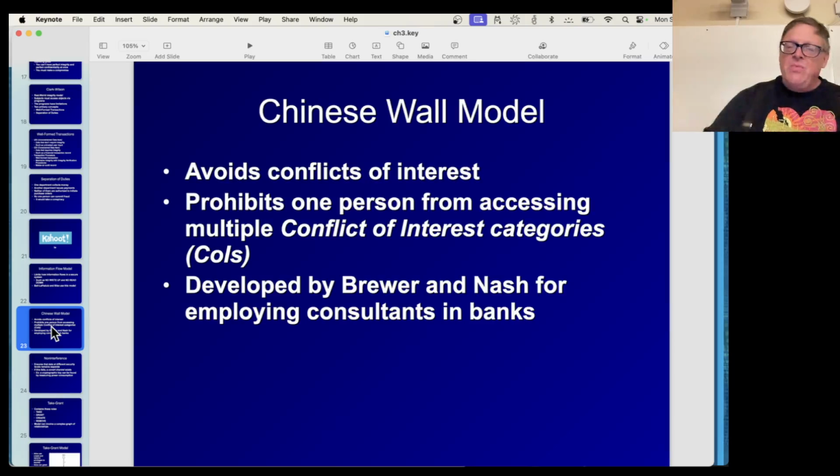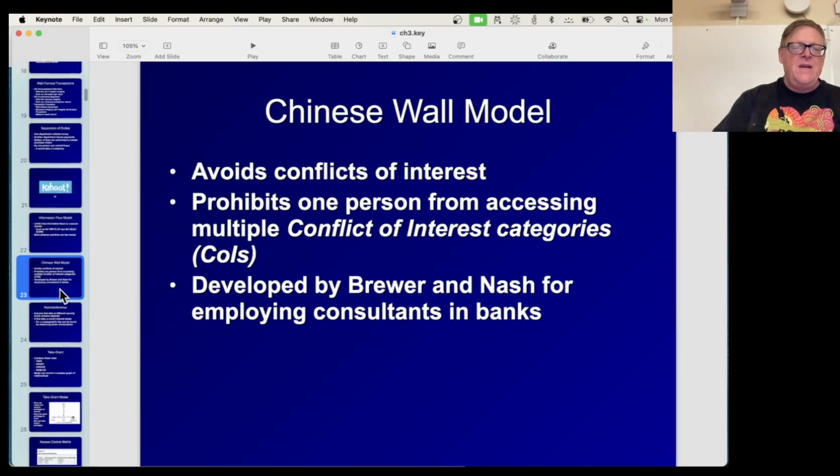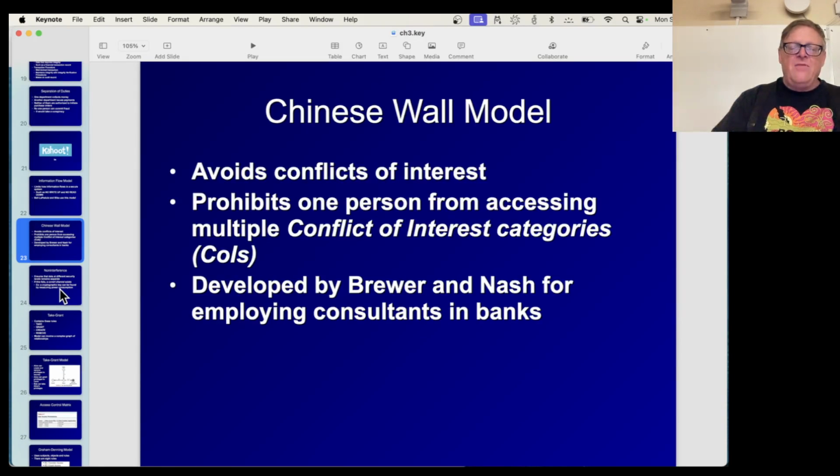And the Chinese wall model is, of course, something that a lawyer, you can have a law group that represents opposite sides or related sides in different parties, and they have a Chinese wall within the company where the lawyers working on one case are not allowed to communicate with the lawyers working on another case. That's the idea. So that's another model of controlling how information flows.